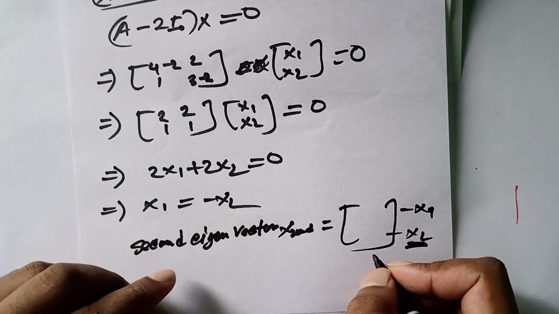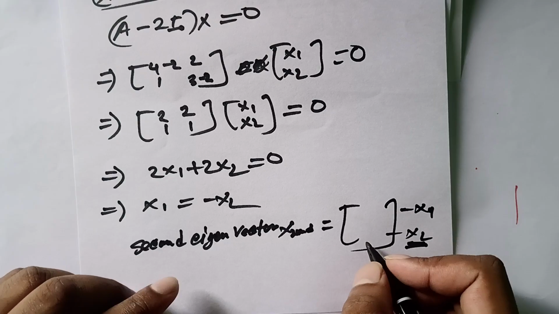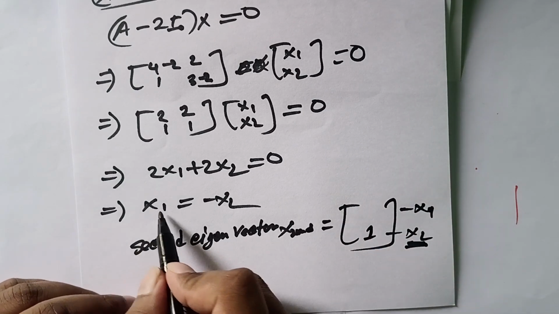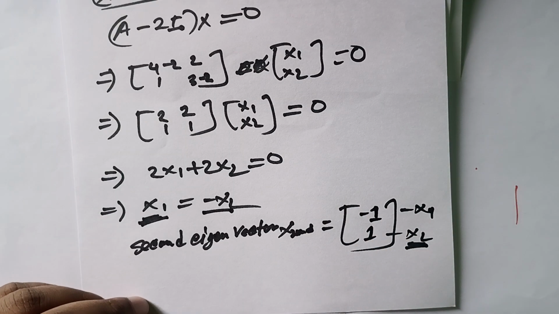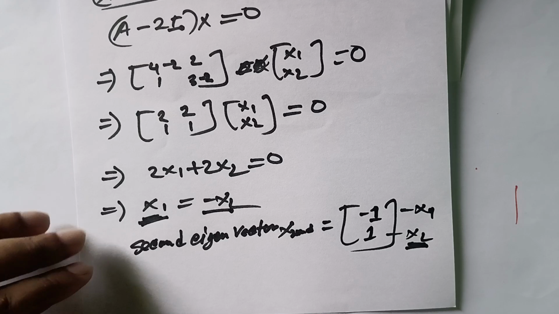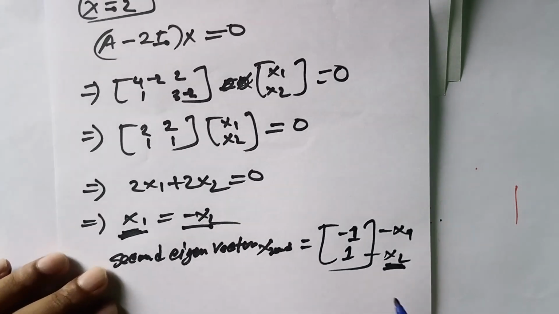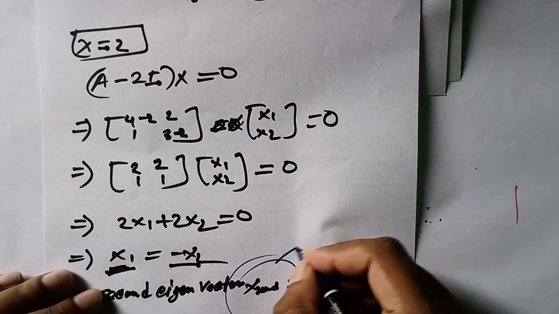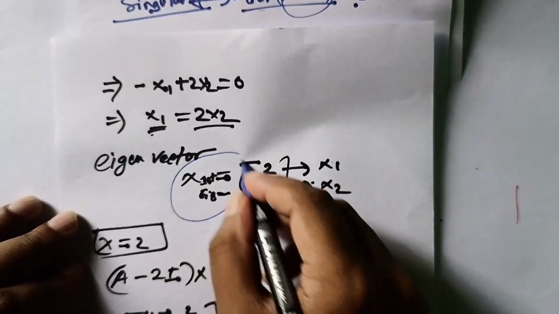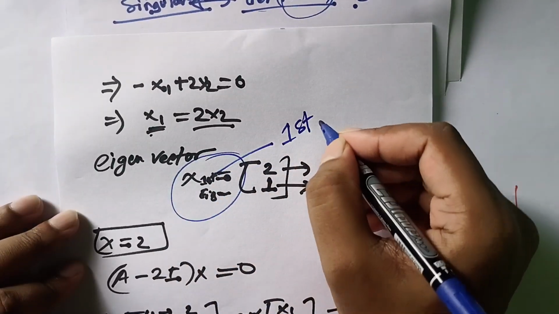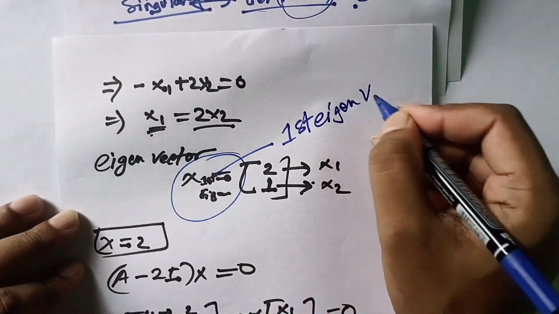Sorry, x2 is 1, then x1 will be -1. So we found our two eigenvectors. This is our second eigenvector, and this is our first eigenvector.